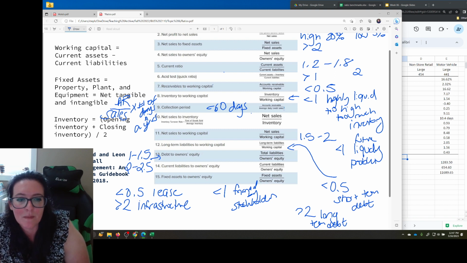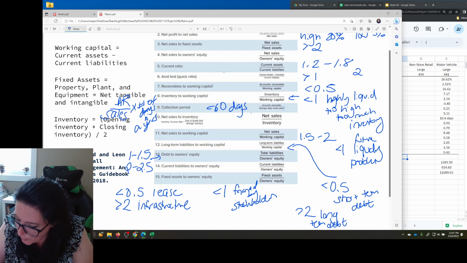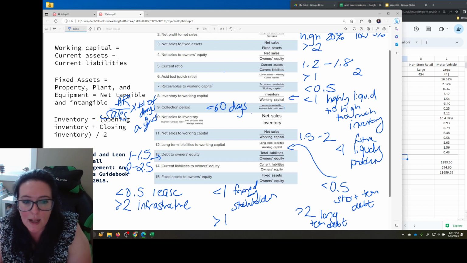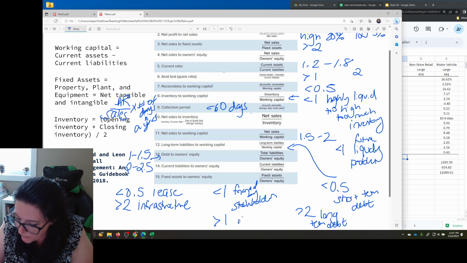If you have a fixed assets to owner's equity that's more than 1, so the value of the fixed assets is more than the owner's equity, so the number is greater than 1, then we are financing with debt.